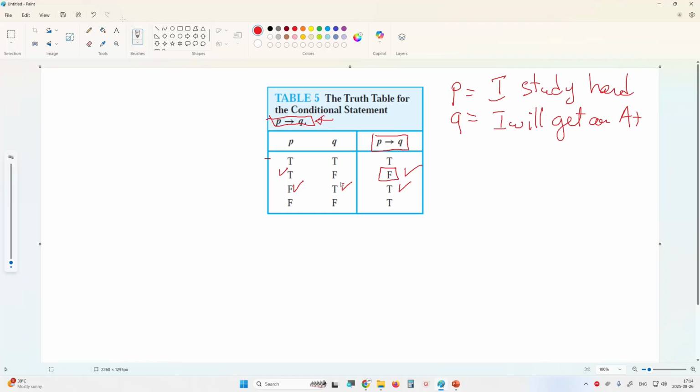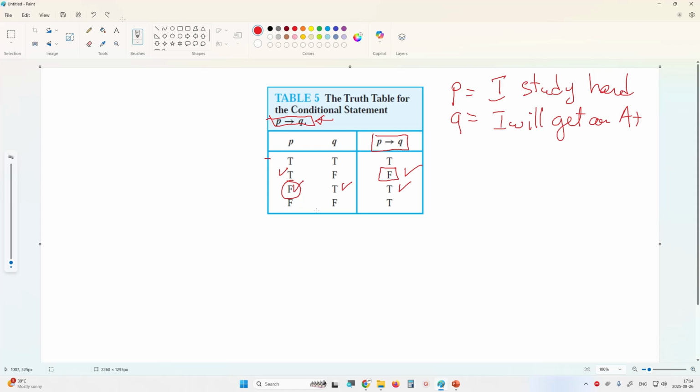That does not mean that if you study hard, you will not get an A+. So this is still true, even though in some cases you did not study hard, you do not have the precondition to make it happen.